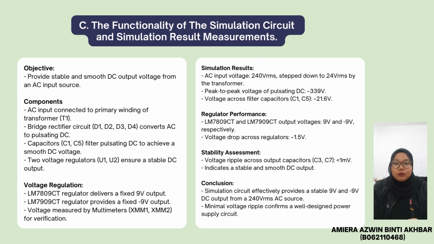Its systematic approach to voltage conversion and regulation, coupled with the minimal ripple across output capacitors, makes it an ideal choice for powering sensitive electronic devices where consistency and reliability are important.